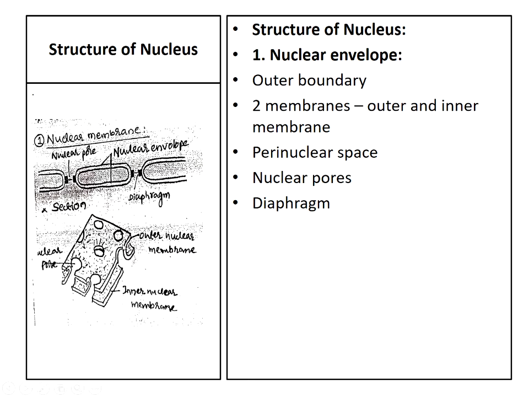So, in the diagram, you might observe this is the outer membrane and this is the inner membrane. And in between the outer and inner membrane, you are going to observe the space called as perinuclear space. So this is the perinuclear space. And each membrane is a unit membrane which consists of bimolecular lipid layers.